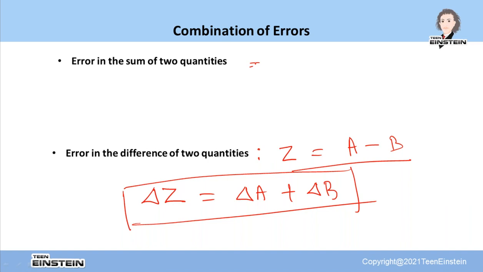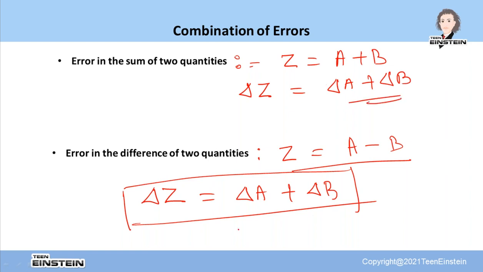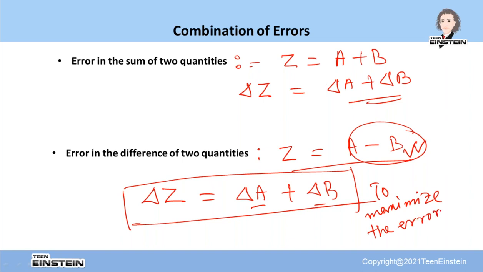Whether you are doing summation or subtraction, your error will be the sum of the individual absolute errors. In case of difference also, I'm writing delta a plus delta b, to maximize the error. And this is the way actually.